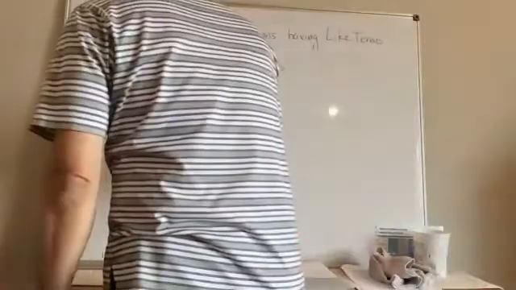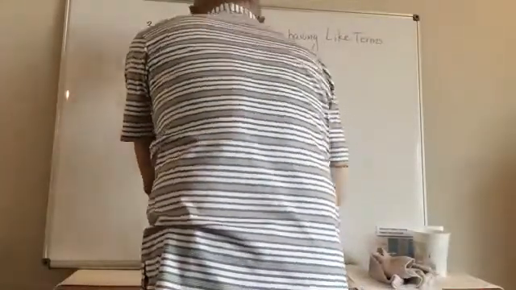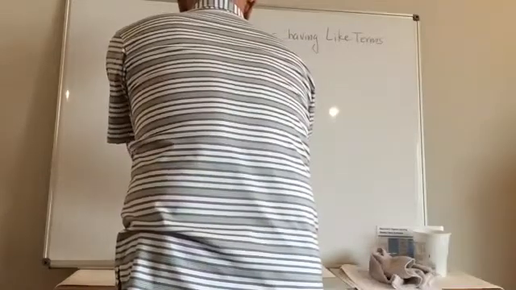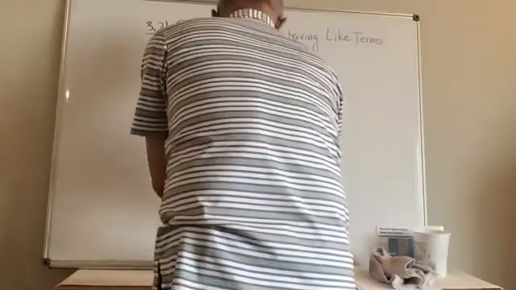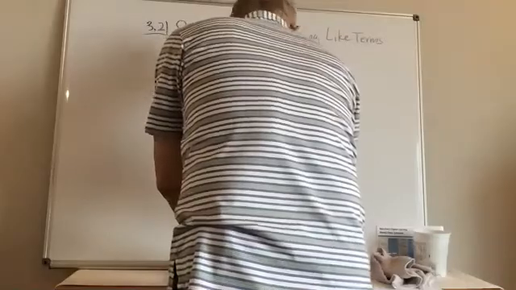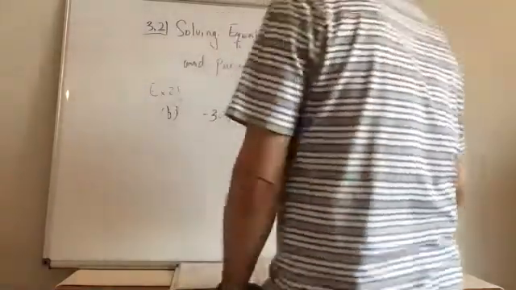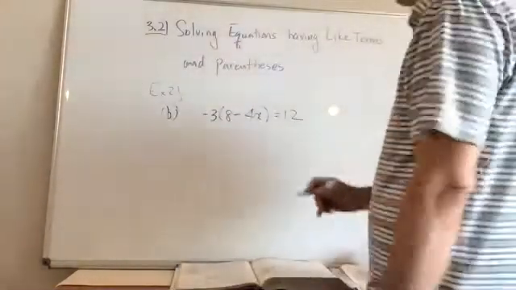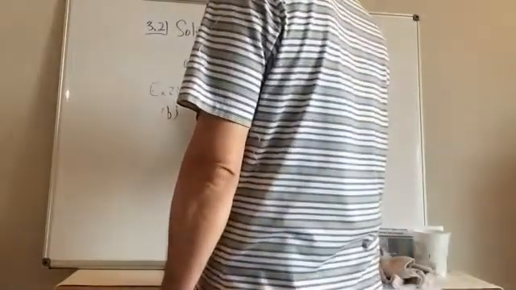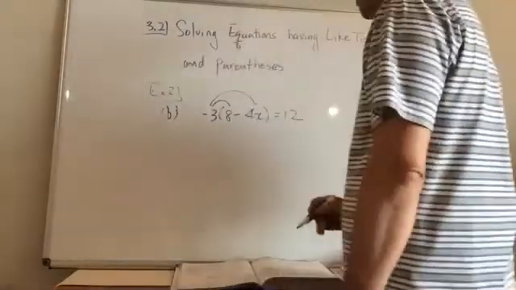Now let's go ahead and do B. B, I have negative 3 times 8 minus 4x is equal to 12. Okay, so the first thing I'm doing, I'm going to go ahead and distribute the negative 3.